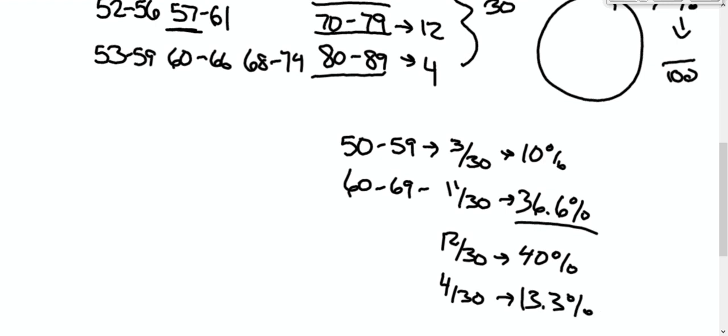So I don't love the idea of a circle graph. They're also really hard to draw, especially with these decimal values. So circle graph, wrong. Not wrong, just harder to draw.